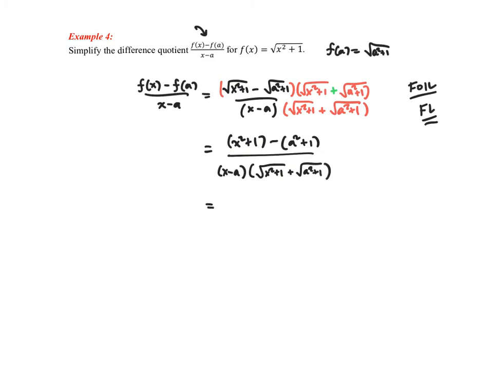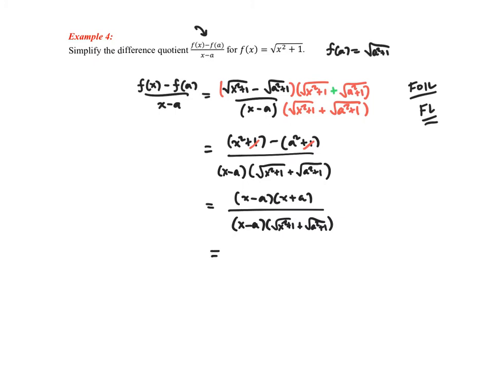Now look what happens in the numerator. All right, so I see the 1's reduce out, and I get x squared minus a squared, which is factorable. So I get x minus a times x plus a in the numerator, which you'll see will reduce nicely in the next step. Square root of x squared plus 1 plus square root of a squared plus 1.